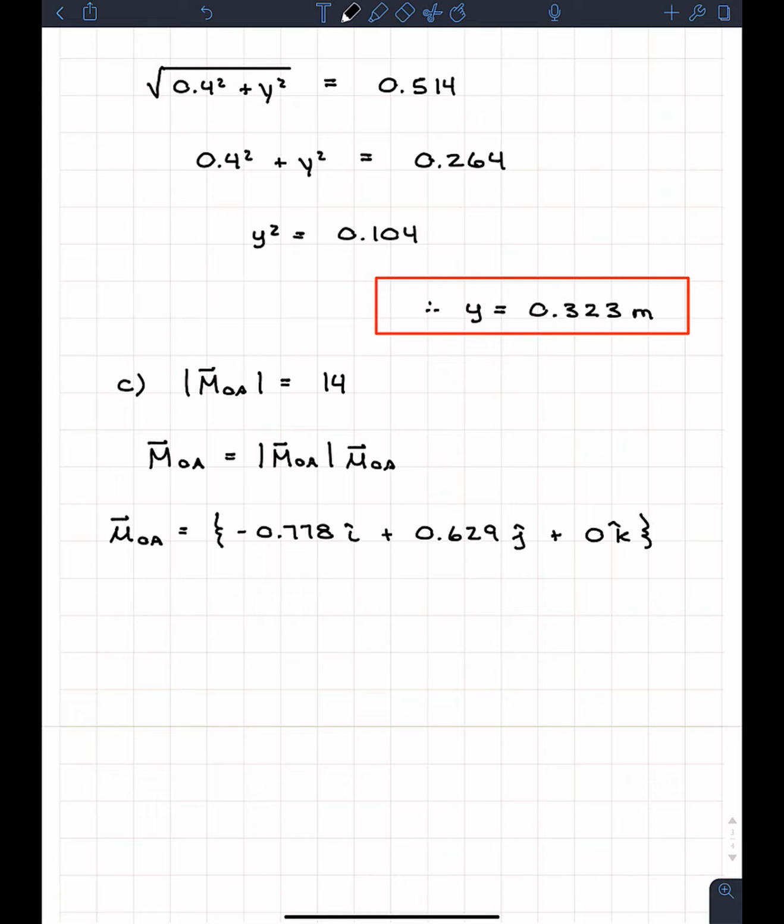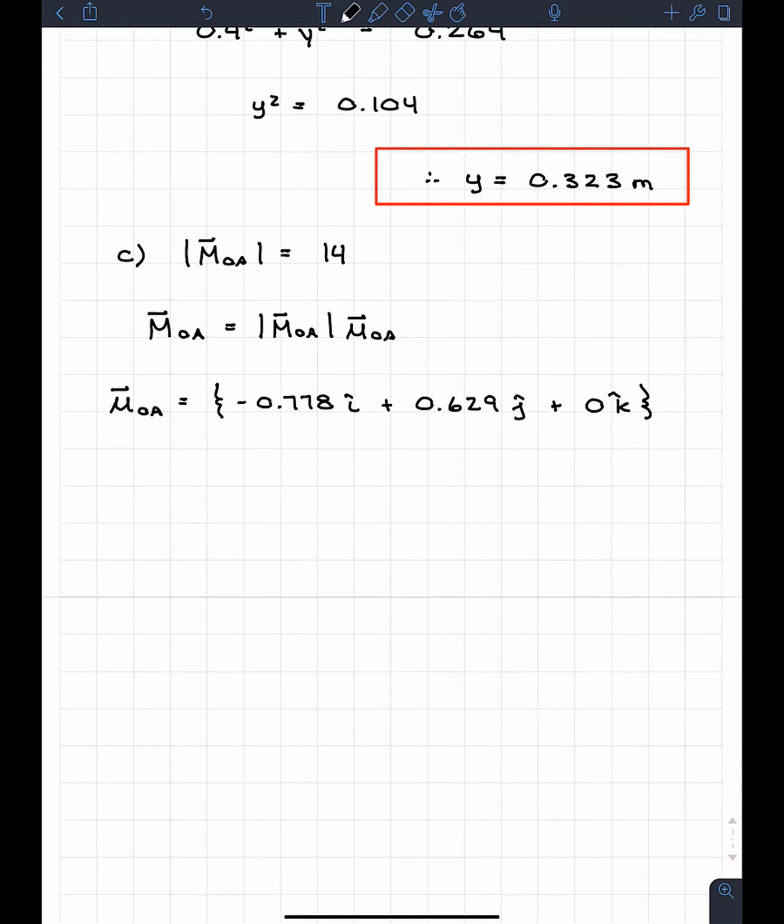So now what we can do to find the moment MOA is we're just going to take that 14 and multiply it by every term in that unit vector. So it's actually not too bad of a question. So what we're going to get is MOA as a vector is going to be equal to negative 10.9 in the I direction plus 8.8 in the J direction and plus 0 in the K direction.